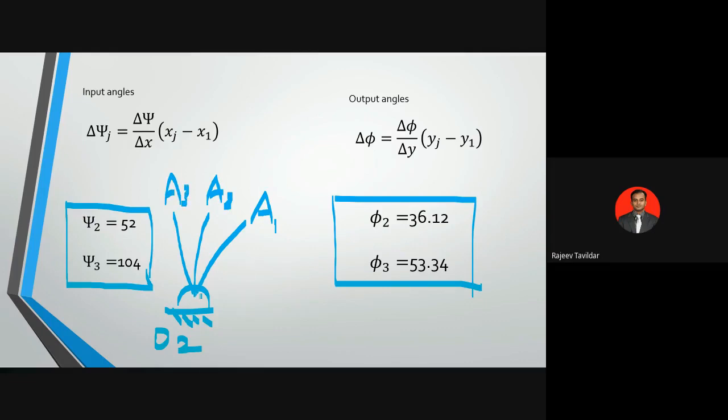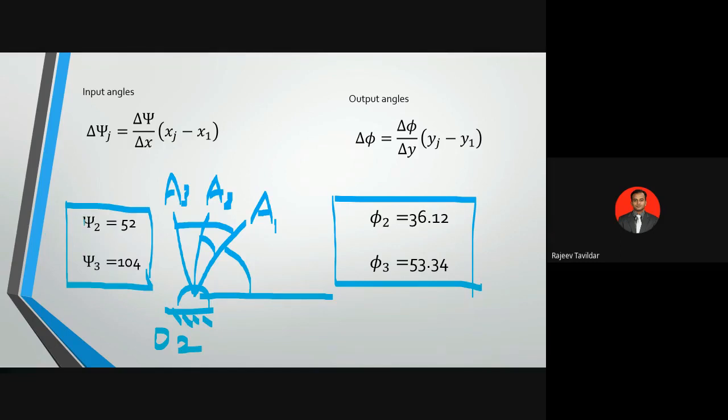The initial angle of A1 is based on assumption. Psi 2 is the angle between A2 and A1, and psi 3 is the angle between A3 and A1. In a similar way, the output angle is done in the same fashion.